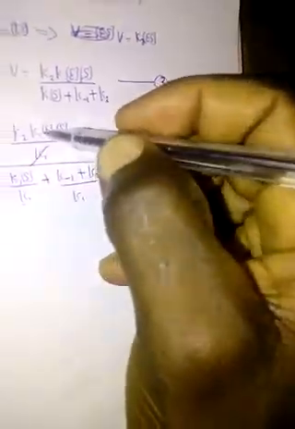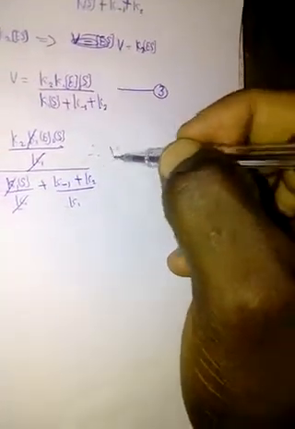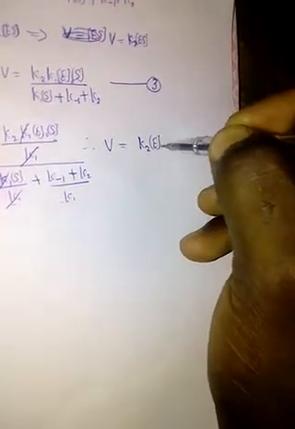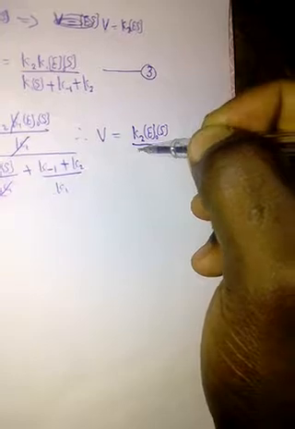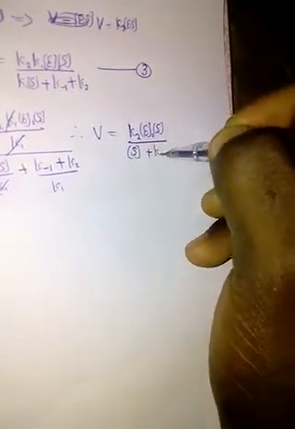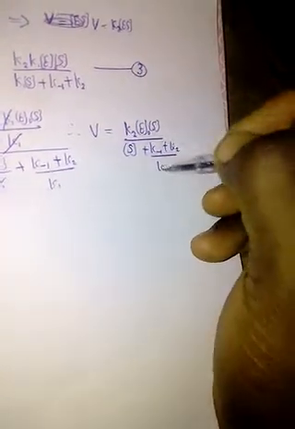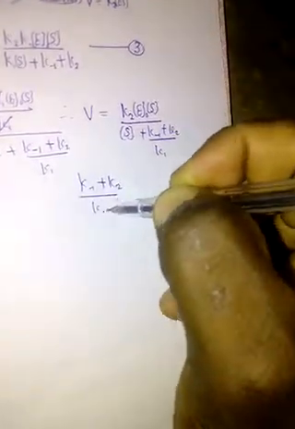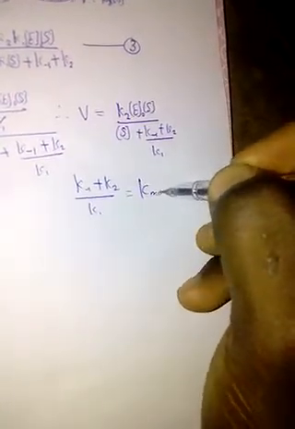So this cancels this, and therefore V equals to K2 E naught S all over S plus K minus 1 plus K2 all over K1. This K minus 1 plus K2 all over K1, the backward reaction rate over the forward reaction rate, will give us Km. This is the Michaelis-Menten constant.